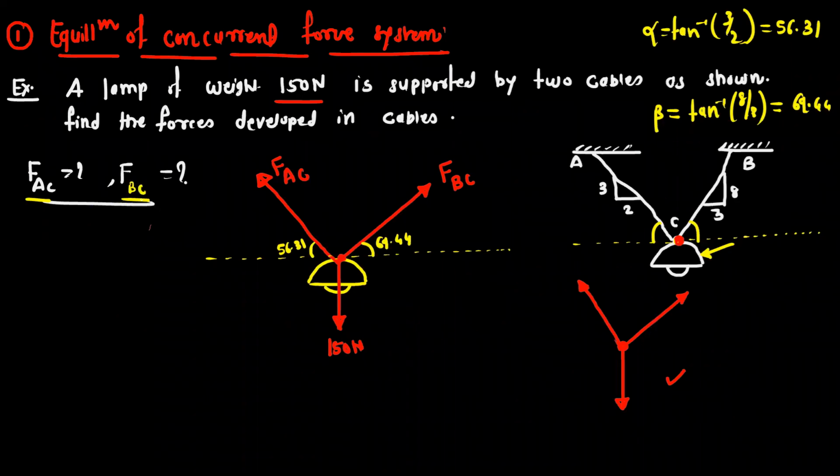As there are two unknowns in this system, we must have two equations to solve for FAC and FBC. For equilibrium of concurrent forces, we have the conditions for equilibrium: one is summation Fx equal to 0, and the second condition is summation Fy equal to 0. By using these two conditions, you can find out these two unknowns.